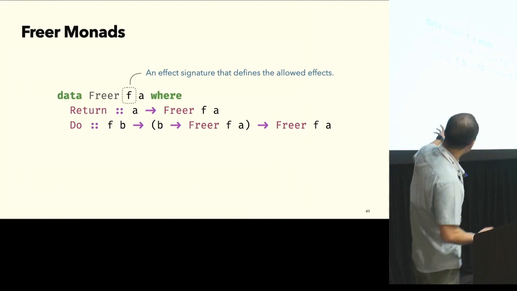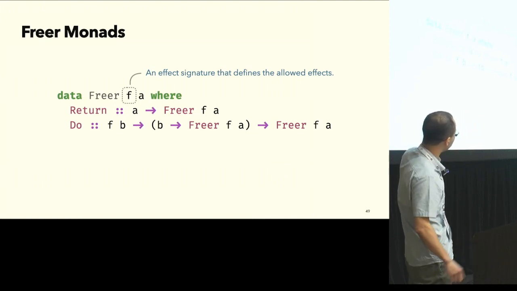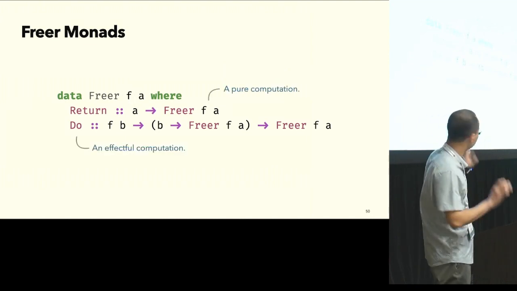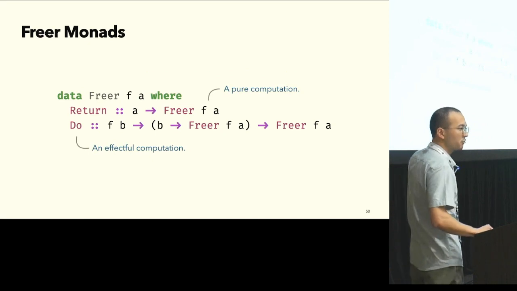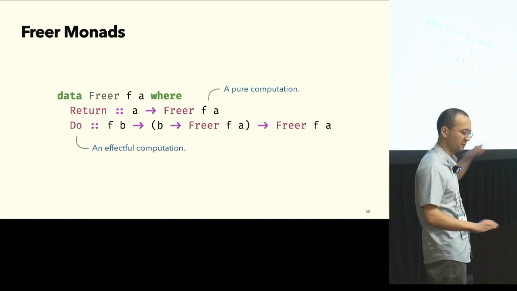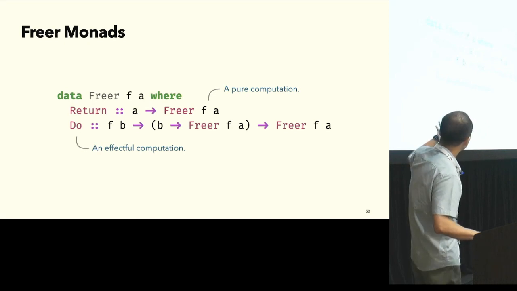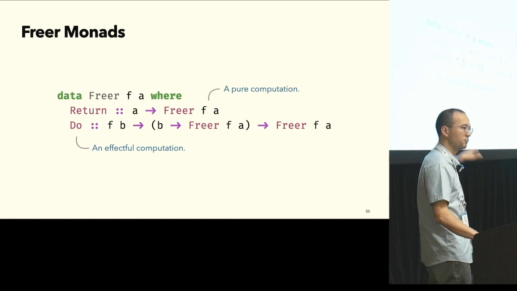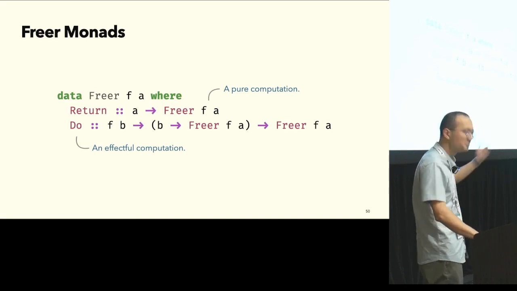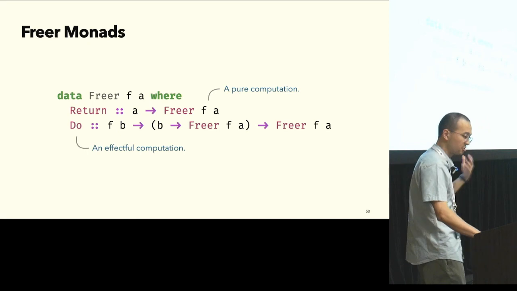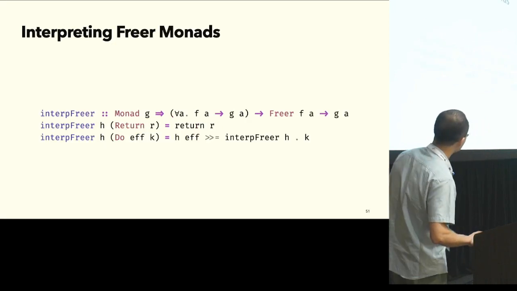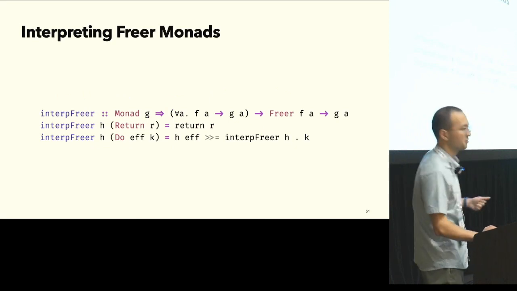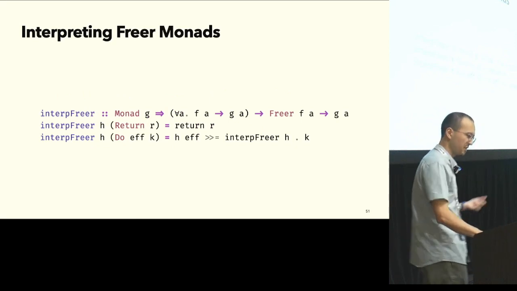So a Freer monad is parameterized by an effect signature F that specifies the allowed effects in the monad, and its two constructors, return and do, correspond to the two operators of monads. And note how this Freer monad is defined as an algebraic data type, which means we can manipulate them just like normal data types, which allows us to write an interpret function that interprets the effects in a Freer monad in terms of operations in another monad.